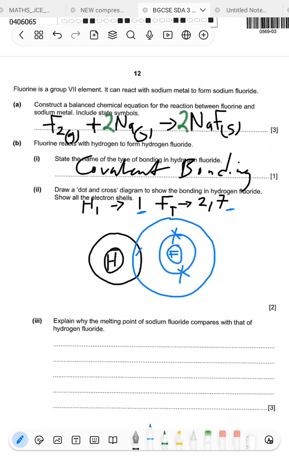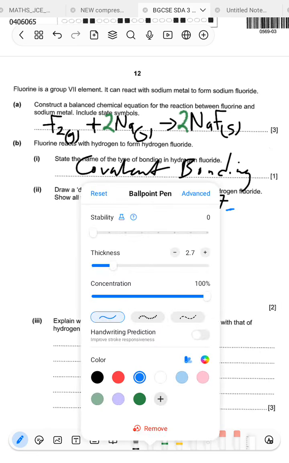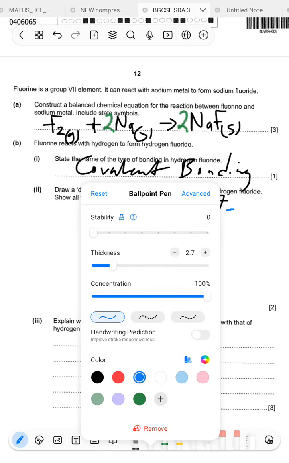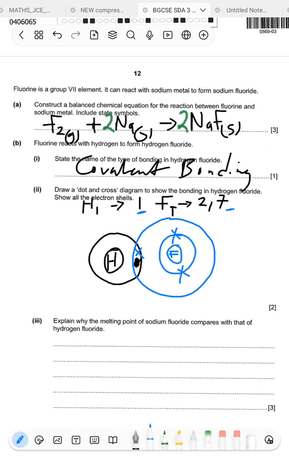So we have a cross and a dot. The dot is coming from the hydrogen. Then we're left with 6 electrons on the fluorine. So that is going to be the answer.